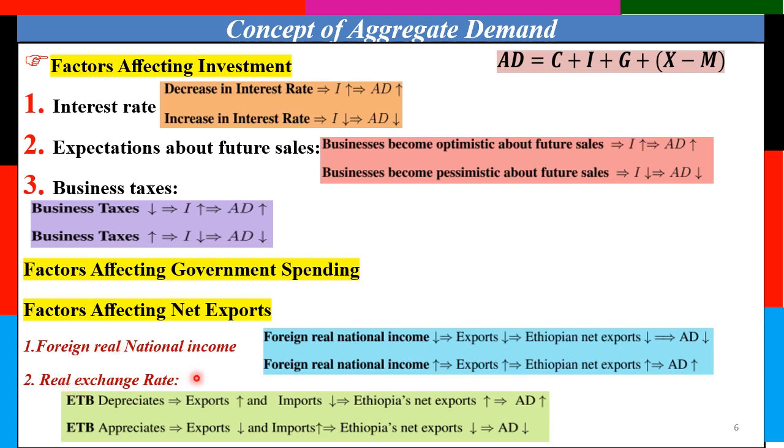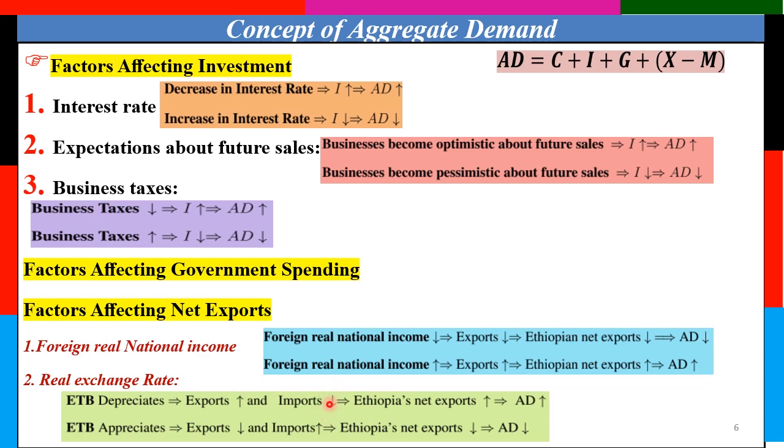Real exchange rates: if the Ethiopian birr depreciates, that means decreasing the ability to buy something. For example, if the Ethiopian government depreciates the birr, that means decreasing the purchasing power of the Ethiopian birr, which means export is increasing, because Ethiopian products become cheaper for foreigners. At that time, foreign nations buy more products from Ethiopia, so export is increasing. And import is decreasing.